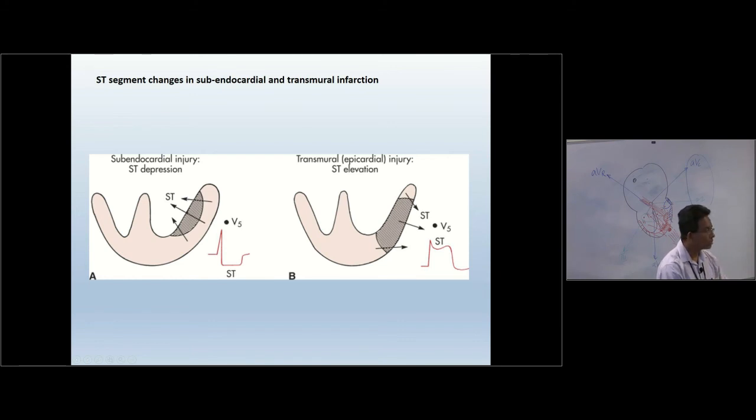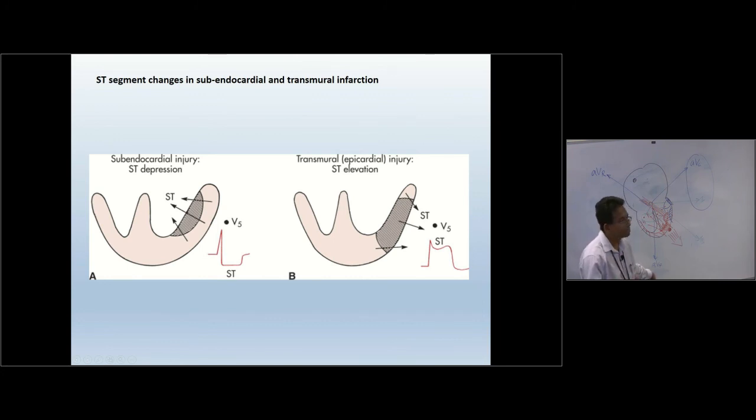If the patient shows ST depressions in leads 2, 3 and aVF, the patient should be experiencing subendocardial ischemia in the inferior parts. All right. If the patient shows ST elevations in 2, 3 and aVF, then you will say this patient has an inferior infarction, and it should be full thickness because the patient has ST elevations.